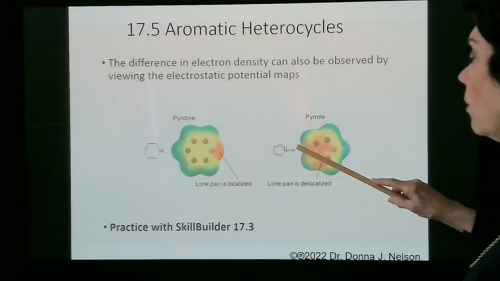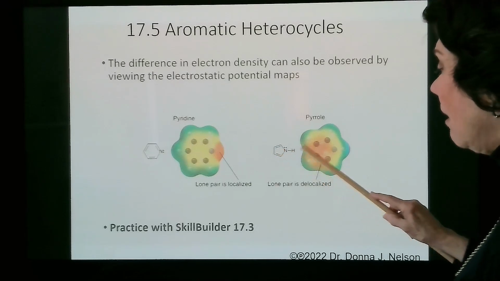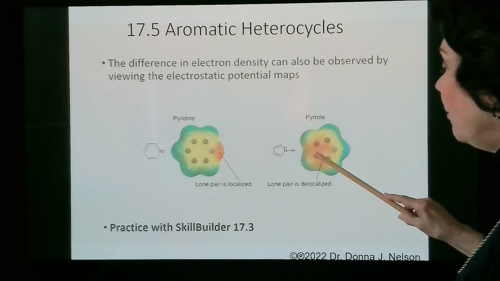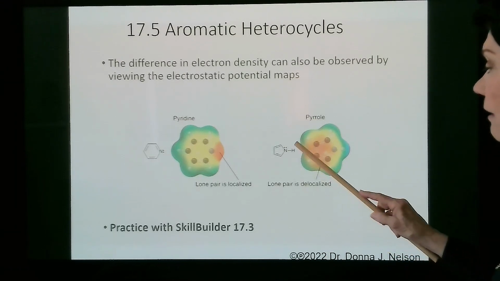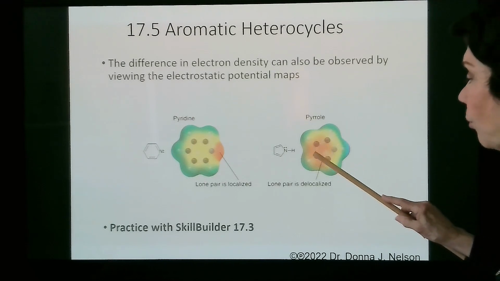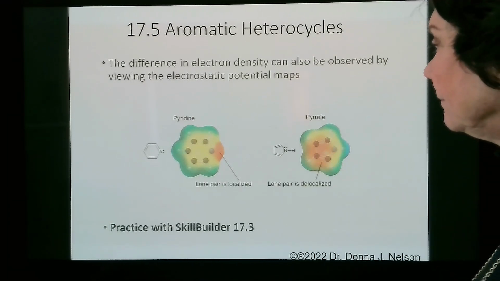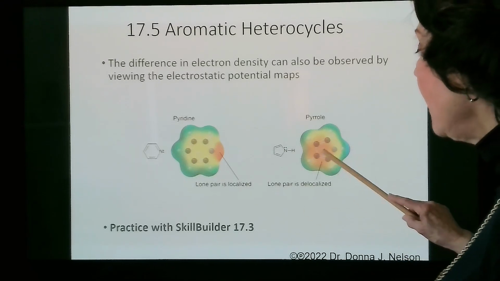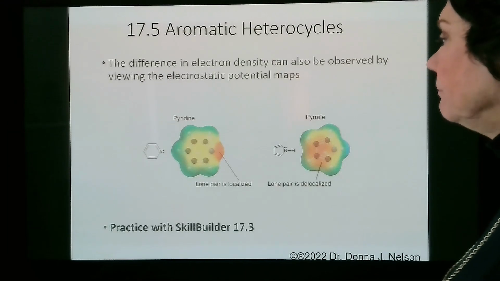But on pyrrole, you can see the pair of electrons on nitrogen is delocalized throughout the pi ring because that pair of electrons is needed for the aromaticity. So you can see the red is spread out through the ring. It's the red that designates the high electron density.